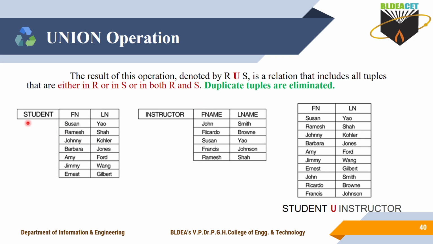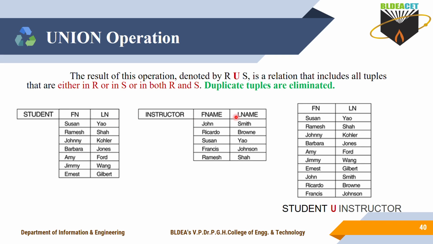For example, student is one relation like R, and instructor is another relation like S. The attributes of student are Fn and Ln, and in instructor they are Fname and Lname.